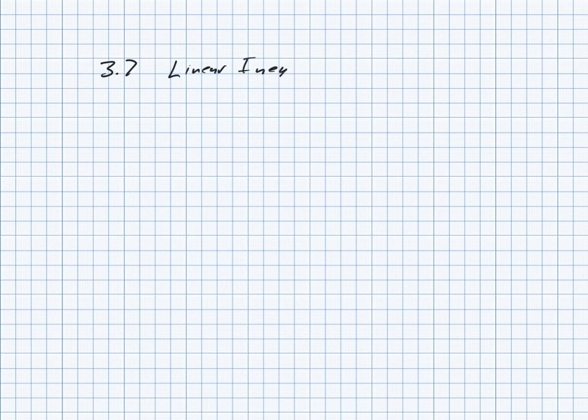Now, if you followed the instructions on how to graph a line, this stuff is not too bad. Just remember that whenever we have a greater than or equal to or less than or equal to, we use a solid line. With greater than or less than, we use a dotted line.